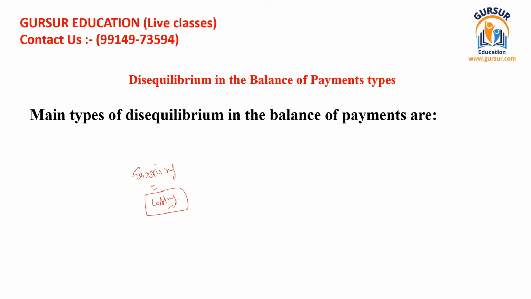So disequilibrium in balance of payments is the situation when it is not at the equilibrium level. What is the equilibrium level? Equilibrium level is simply the level when your exports are equal to imports. The situation when you are neither earning any gain nor losing any income. Neither gains nor losses are there. That is the equilibrium situation.